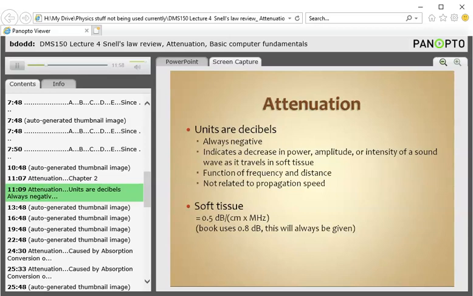It is a function of the frequency and the distance. So if you know the frequency and the distance, and you know the attenuation coefficient, which will always be given to you, then you can calculate the attenuation. It is in no way related to propagation speed.